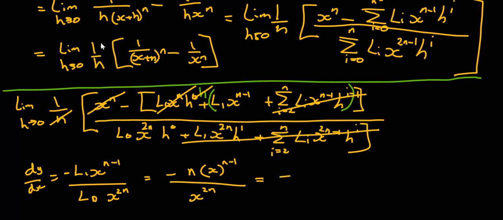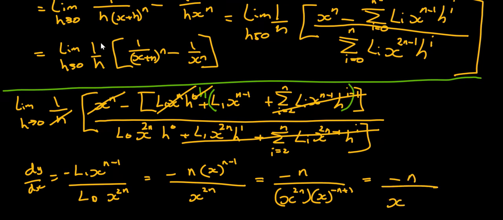Hope this works out. So we've got negative n over x to the 2n multiplied by x to the n minus 1, so that gives negative n over x to the n plus 1.